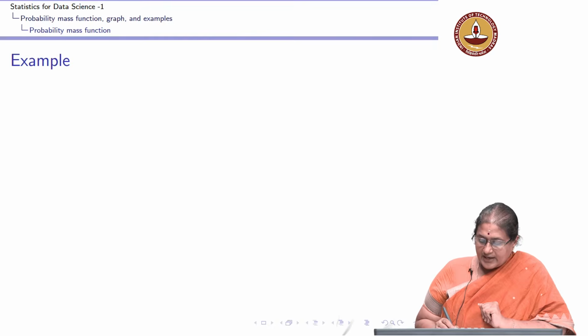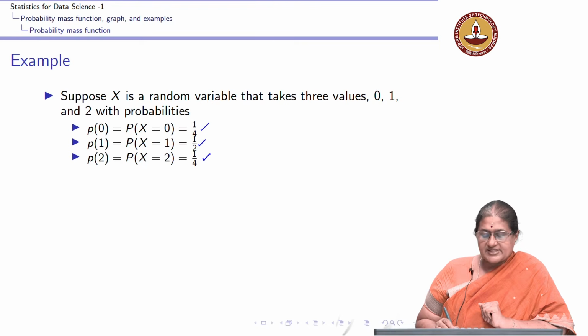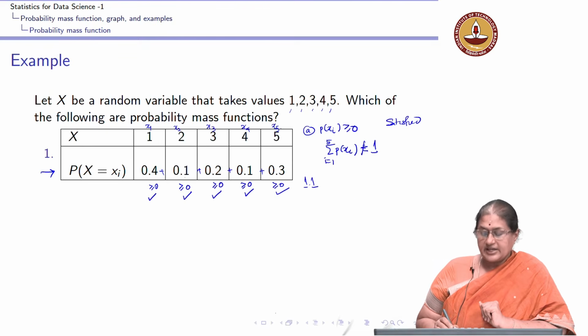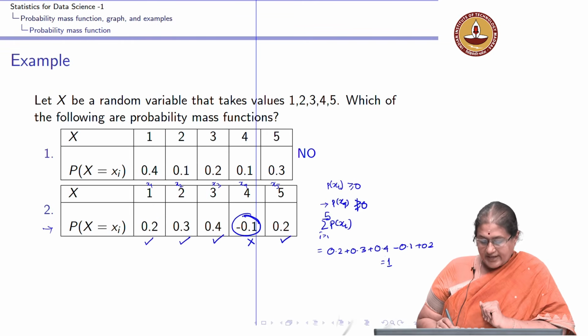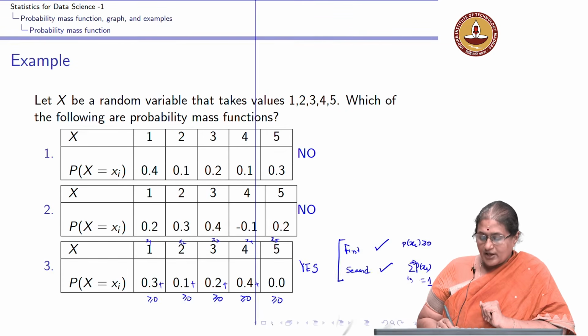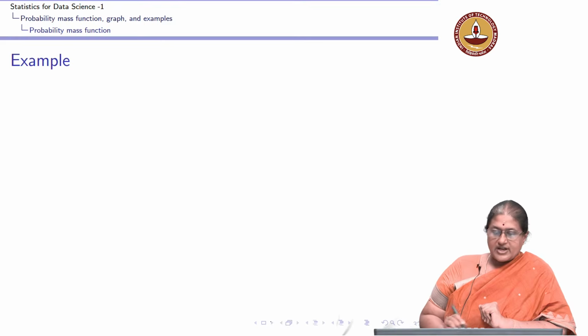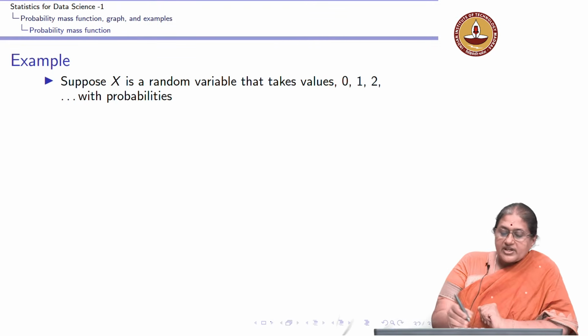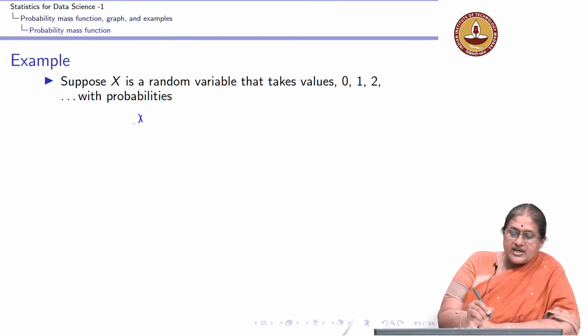Now, let us look at another example where X does not take a finite number of values. It takes a countable number of values but not finite. So, what values is this random variable taking? X is taking the values 0, 1, 2, 3. It keeps taking these values.